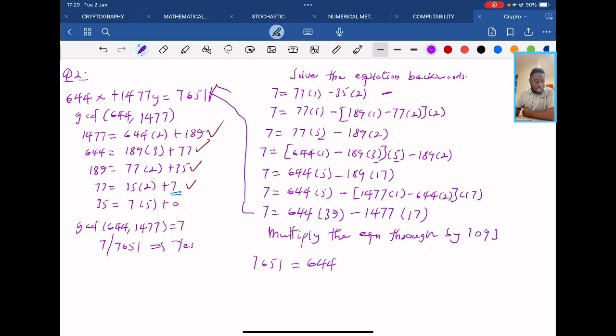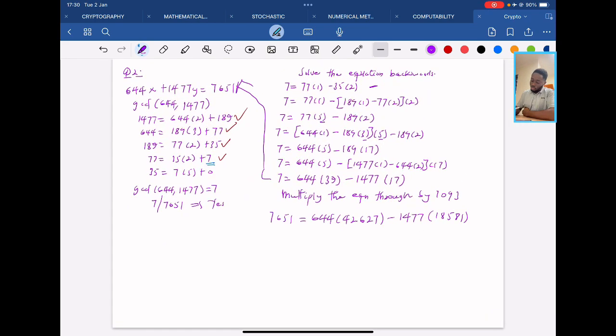644 times 39 times 1093, that is 42627, minus 1477 times 17 times 1093, which is 18581. Okay, so now we can rewrite this to be 644 times 42627 plus 1477 times minus 18581 is equal to 7651.